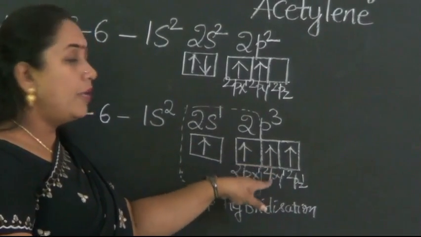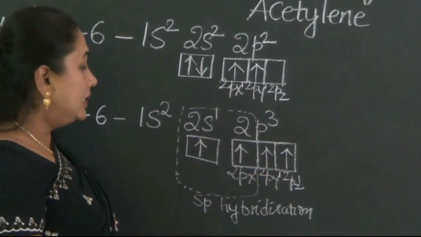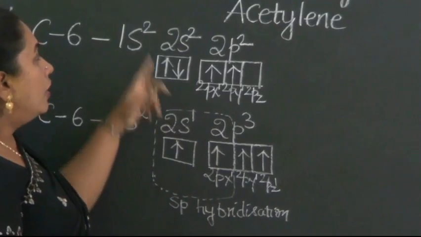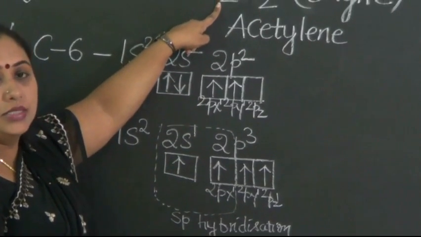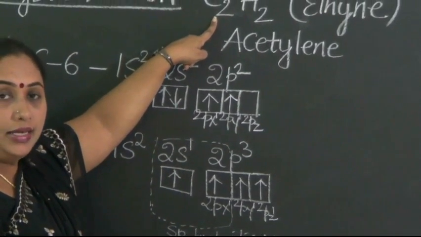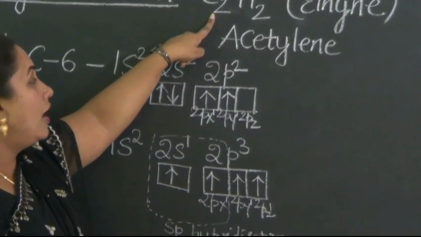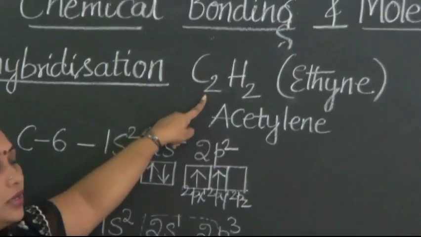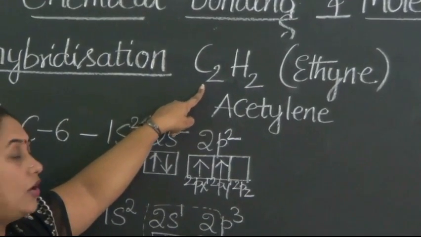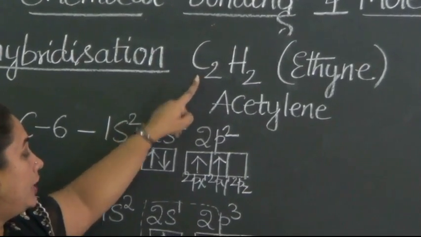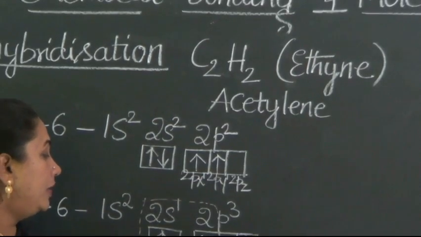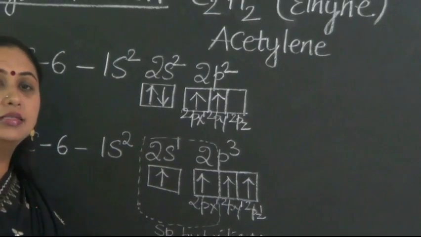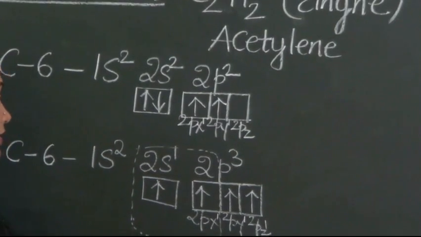This is the point of focus. And this is the case which is applicable for both the carbon atoms in the molecule of ethene or acetylene, that is, ethyne. So you should bear in mind that 2py and 2pz from each carbon atom are remaining as atomic orbitals.